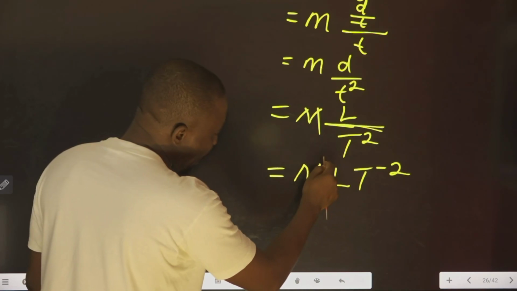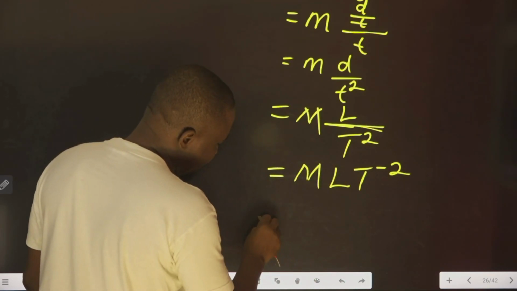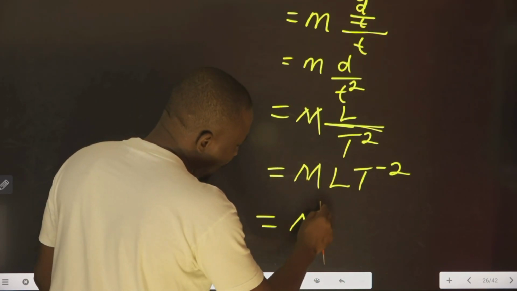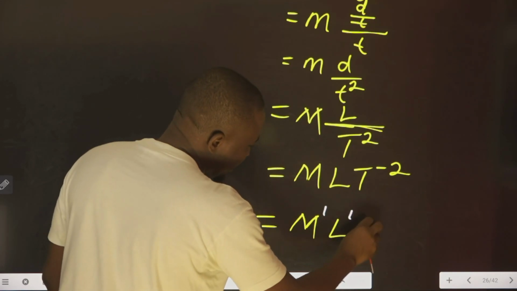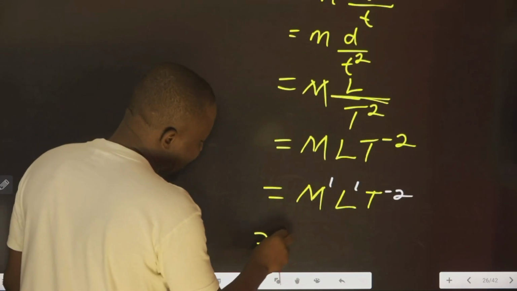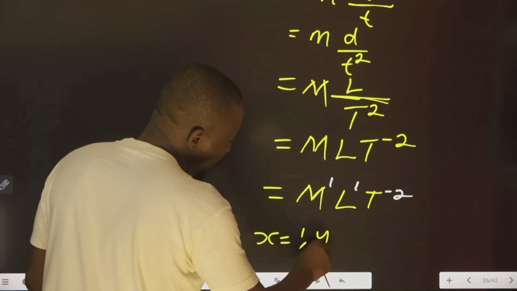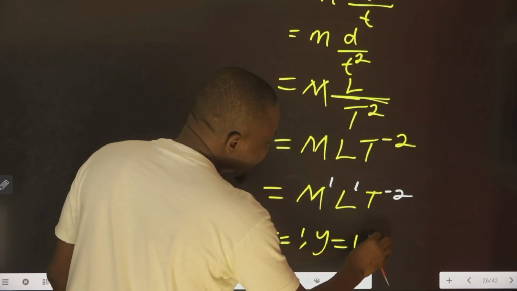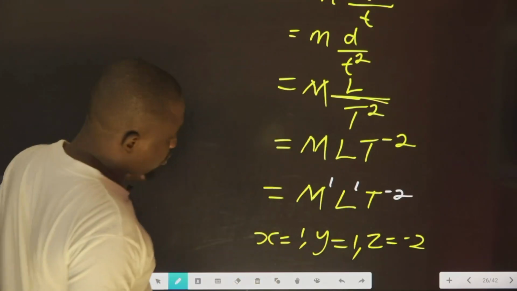It means here we have 1, here we have 1, here we have minus 2. So therefore, our x is equal to 1, our y is equal to 1, our z is equal to minus 2.